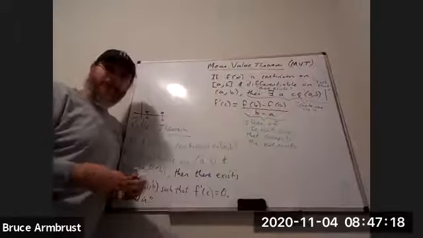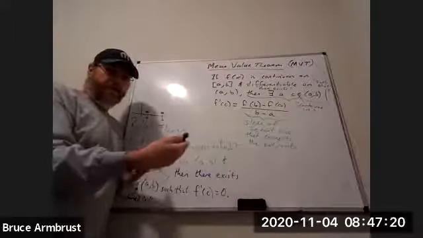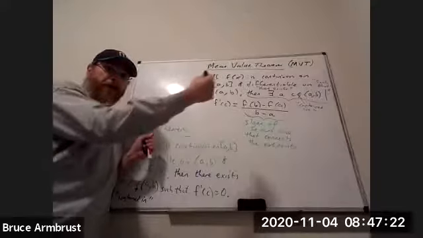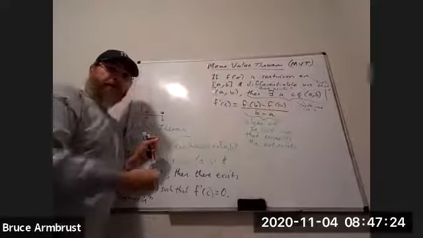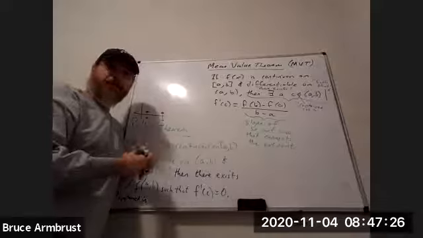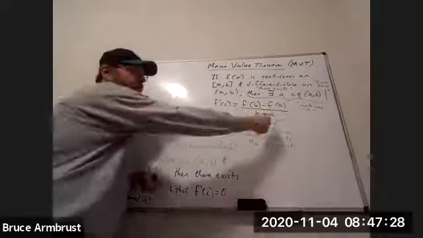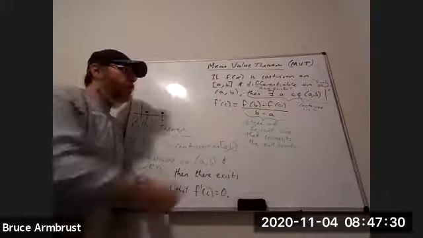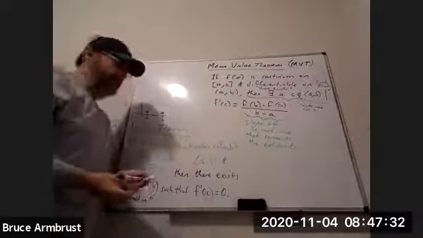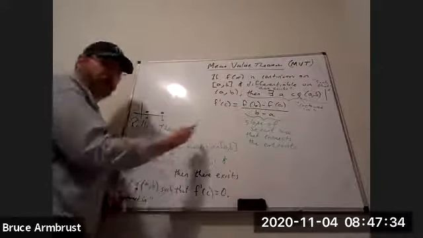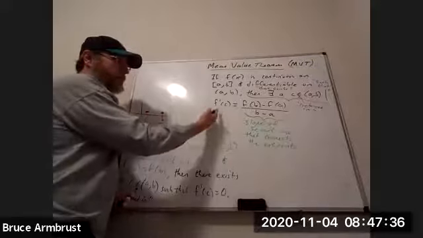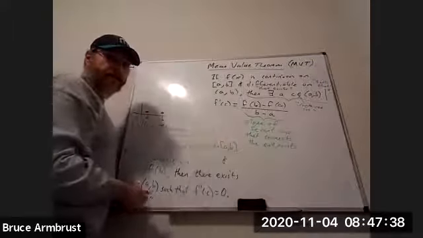Because A and B, those are the ends of the interval. Okay, so we're just looking at those 2 points on the graph, connect them. The slope of that line is this guy right here. Well, what's f prime of c? Well, this is also a slope, right? But what kind of line?